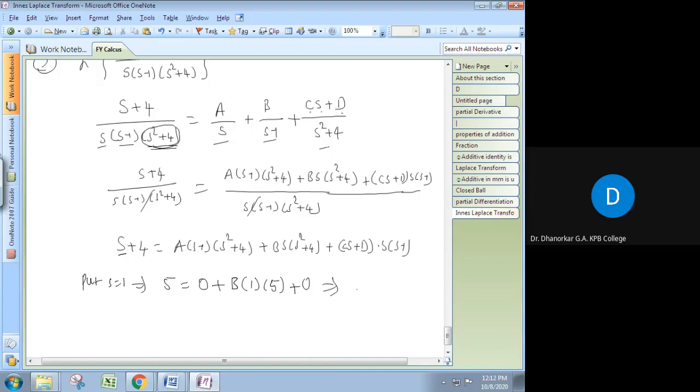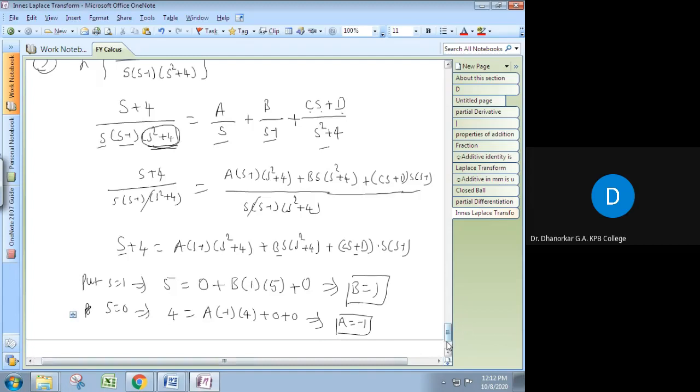From this we directly get b equal to 1. Again I will put s equal to 0, then this term becomes 0 and the total term becomes 0. Put s equal to 0, then we get 4 is equal to a into minus 4, plus 0, plus 0, therefore we get a equal to minus 1.